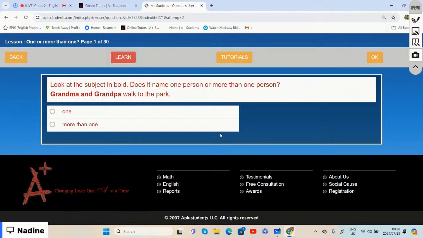Grandma and grandpa, is that referring to one person or more than one person?